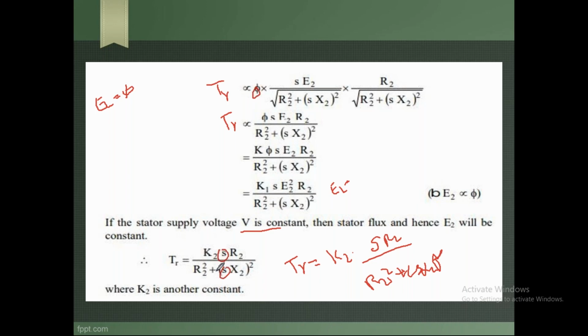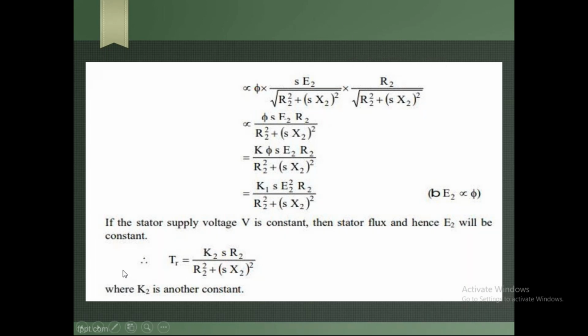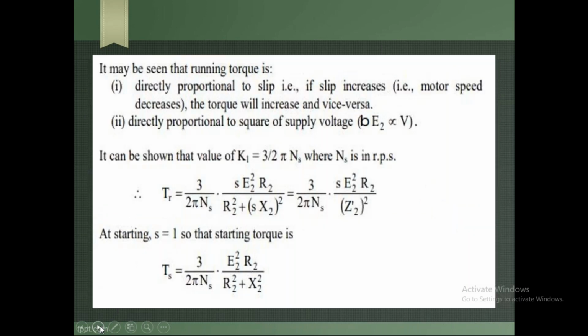Now we are going to derive the maximum condition. See here, this is the full form of the torque equation under running condition. The value of K1 is given by 3 divided by 2 pi ns.